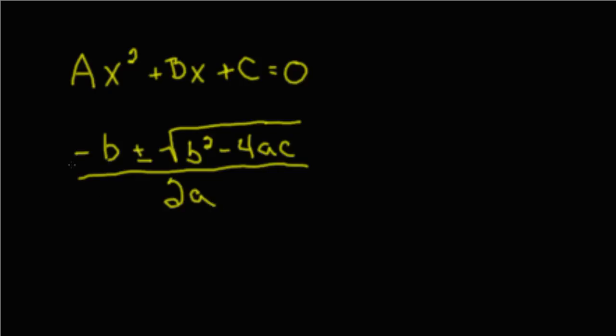So there's your quadratic formula. So that's x equals negative b plus or minus the square root of b squared minus 4ac all over 2a. That's the equation that we'll use to solve these next two problems because they told us specifically to use the quadratic formula.